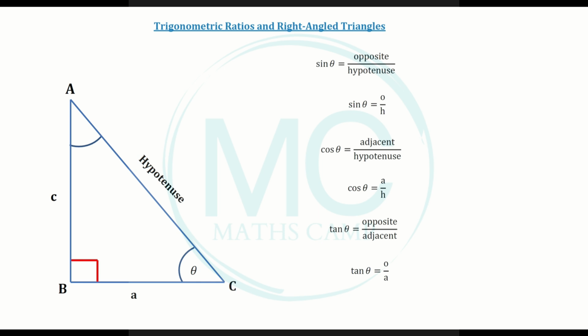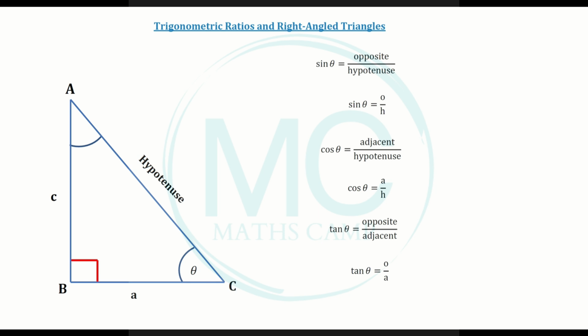Now, we have just said that the hypotenuse is the side of the triangle directly opposite the 90-degree angle. But what about the opposite and adjacent sides? These sides will depend on where the angle theta lies within the triangle. The opposite side always lies directly opposite to angle theta.